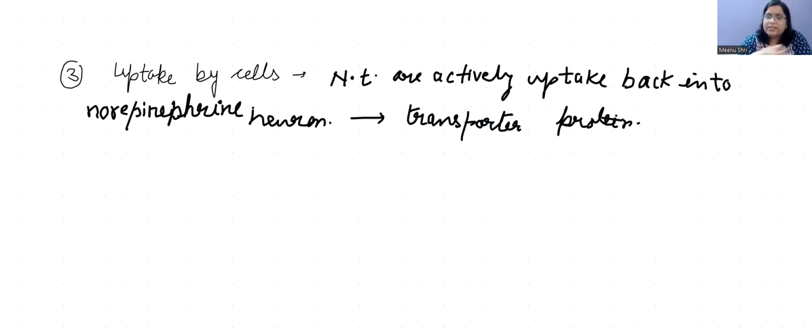So if we block some transporter proteins, the neurotransmitter's activity is prolonged, and this neurotransmitter will produce a prolonged action, an action for a long time.